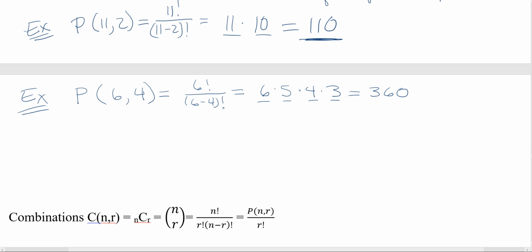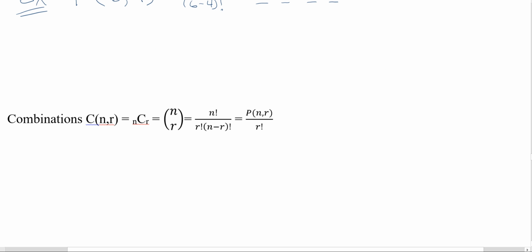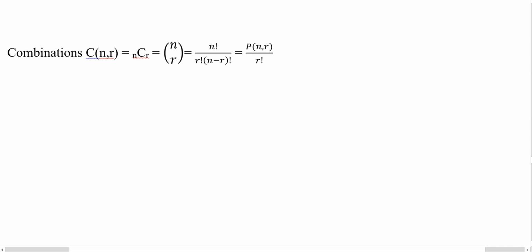Now, when we go and look at combinations, the author of your textbook uses the notation combination n, R. A lot of other sources write it as n combination R. Sometimes you see it as n over R in big parentheses.